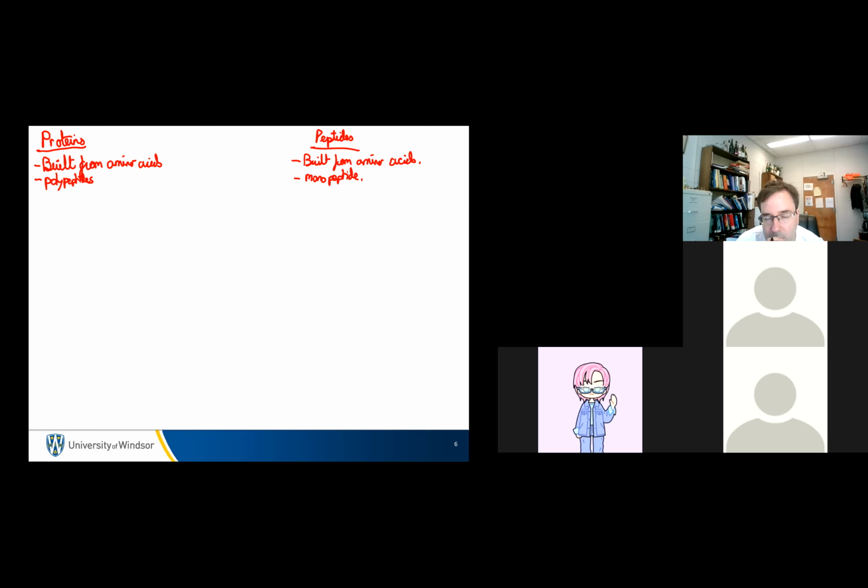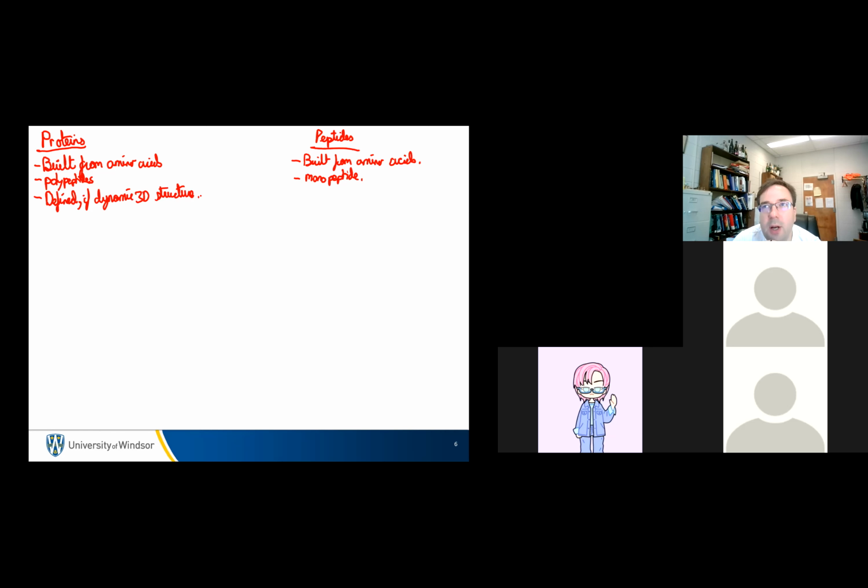It's a 3D structure. Yeah. I think you have a defined, if dynamic, 3D structure. So I think a protein has to have a specific 3D structure.